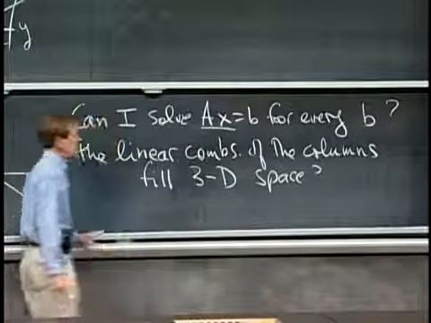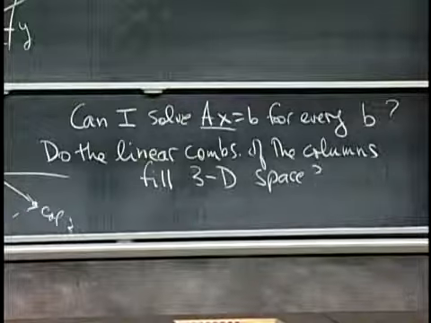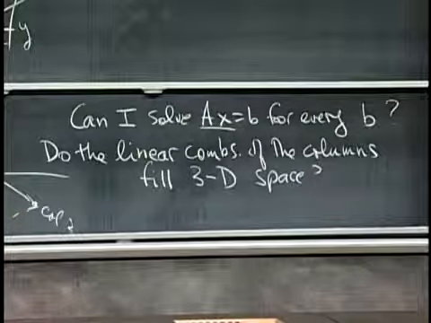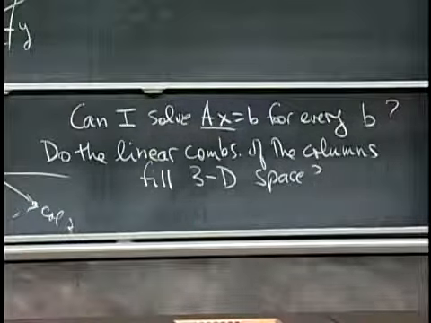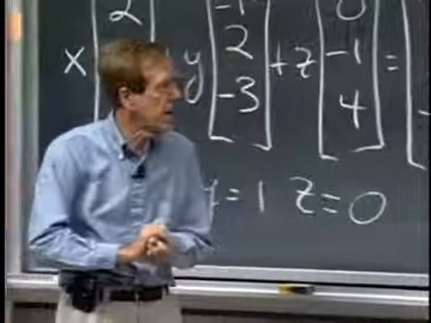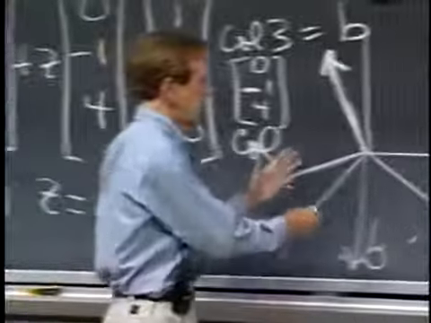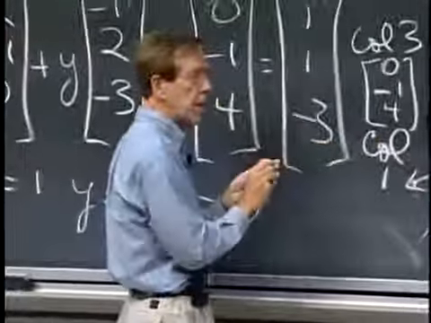Solving AX, that's very important. A times X, when I multiply a matrix by a vector, I get a combination of the columns. I'll write that down in a moment. But in my column picture, that's really what I'm doing.